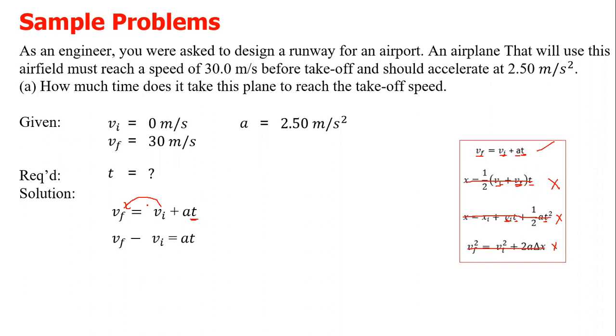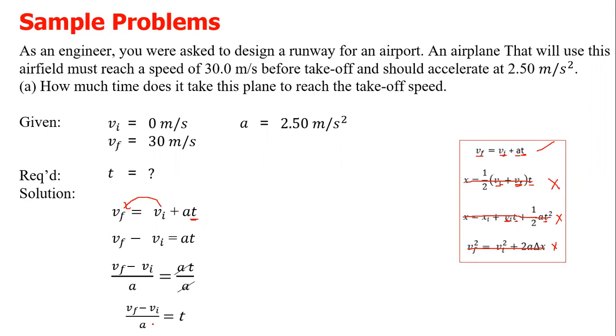And since time nga yung hinahanap natin, we need to divide both sides by acceleration. So, that is final velocity minus initial velocity divided by a is equal to at divided by a. And then, i-cancel natin si acceleration, para matira lang ay si time. So time is equal to final velocity minus initial velocity over acceleration.